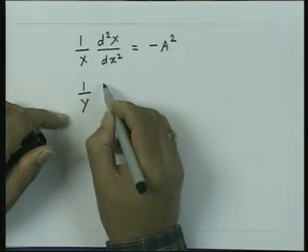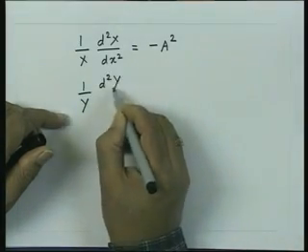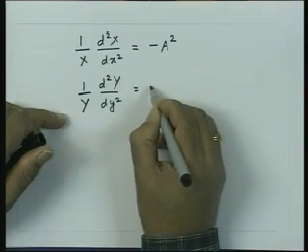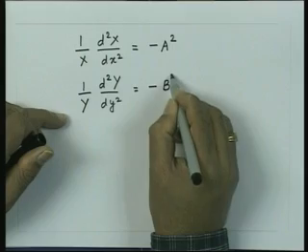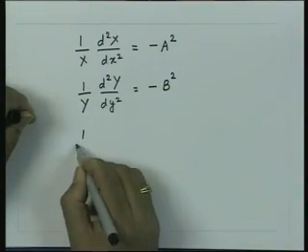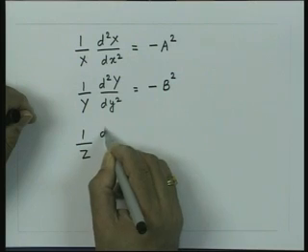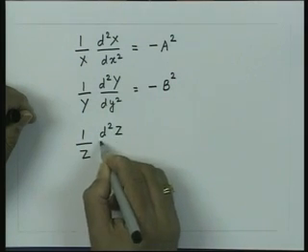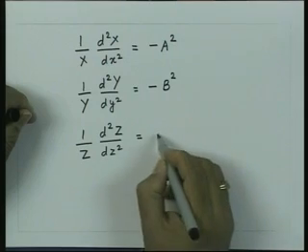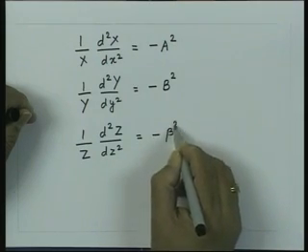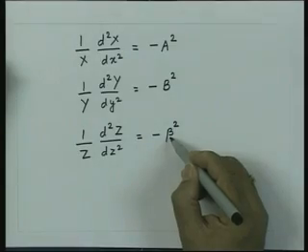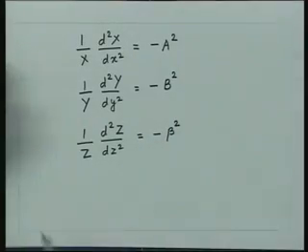Second term, which is 1 upon Y, d2Y upon dy square, let us put that as minus b square, and third quantity, which is 1 upon Z, d2Z upon dz square, that is equal to minus beta square, where beta is the phase constant of the mode of propagation.